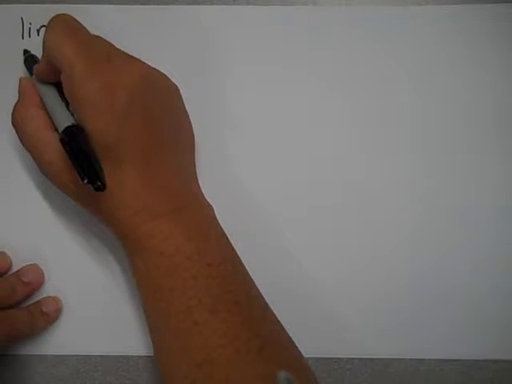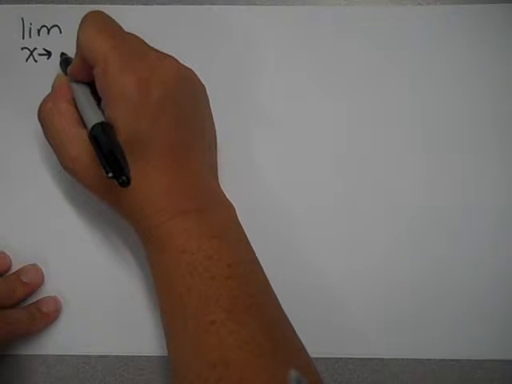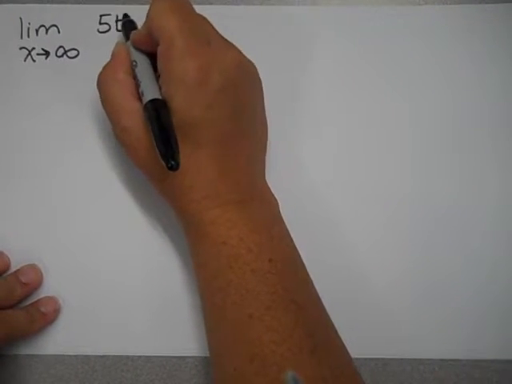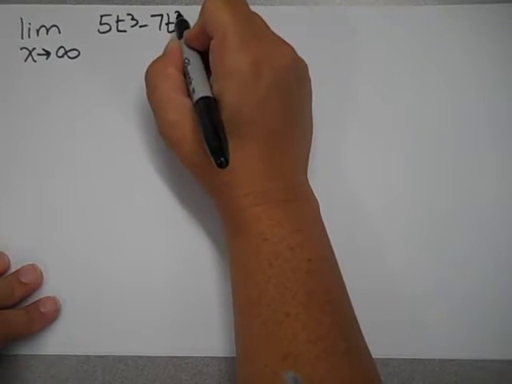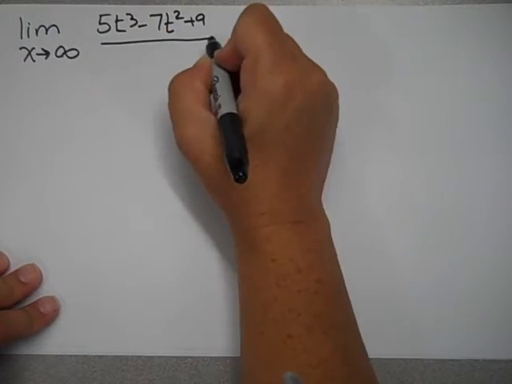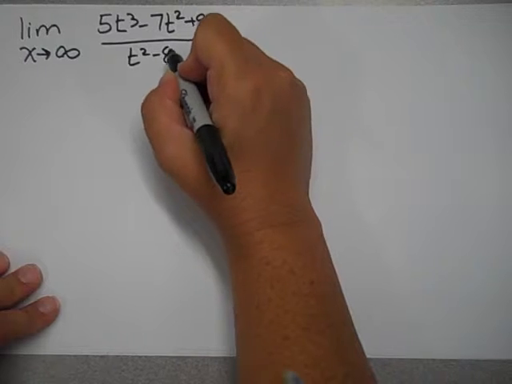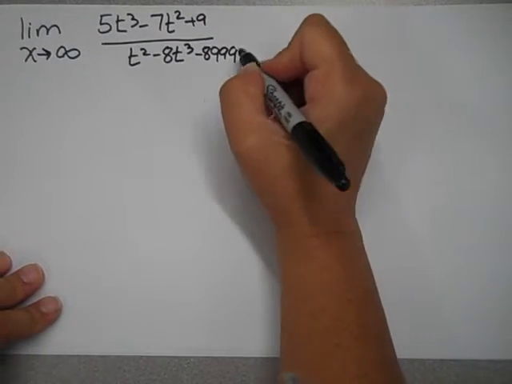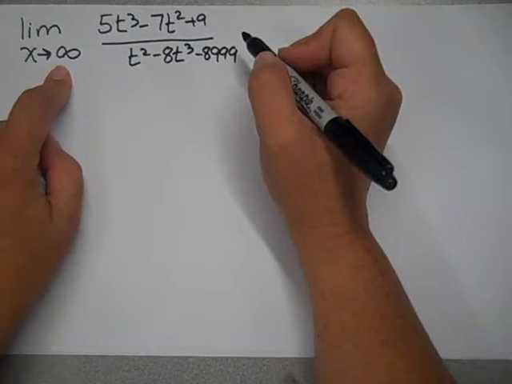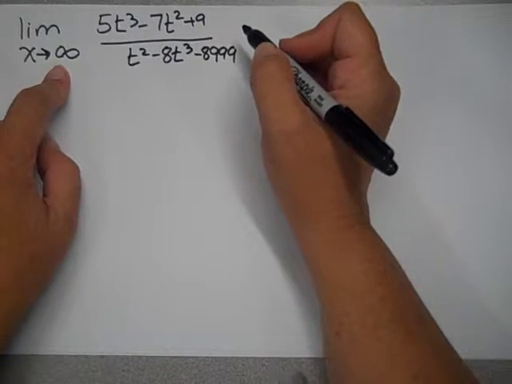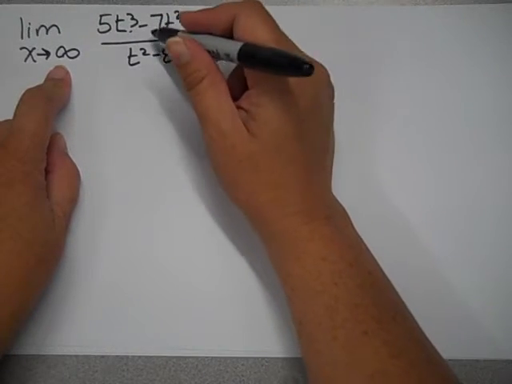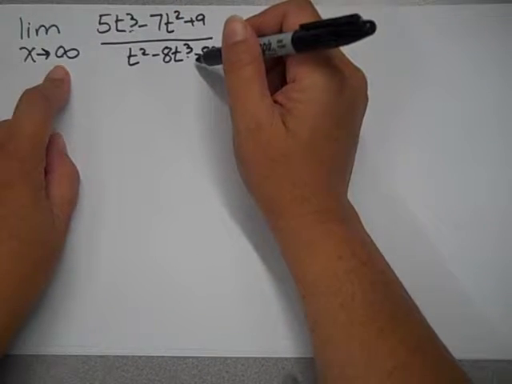Let's do the limit as x approaches infinity first of 5t cubed minus 7t squared plus 9 over t squared minus 8t cubed minus 8,999. Okay, so let's do the positive infinity first. Well, the first thing we see is that the highest exponent in the numerator and the denominator equal each other.